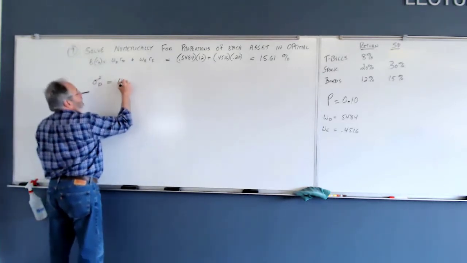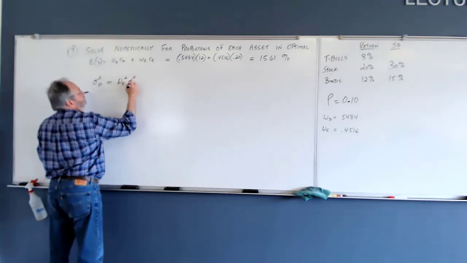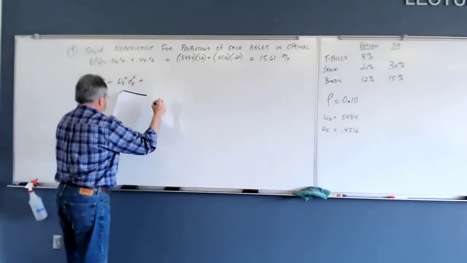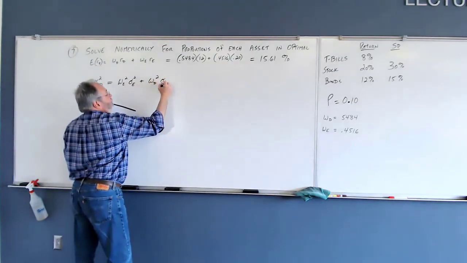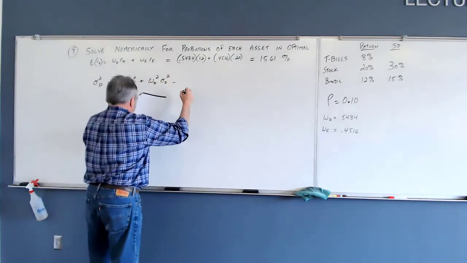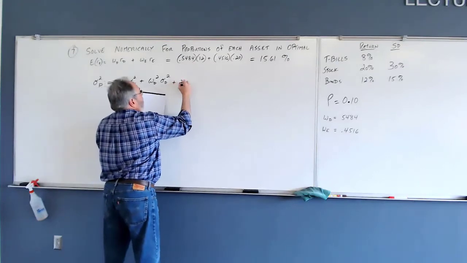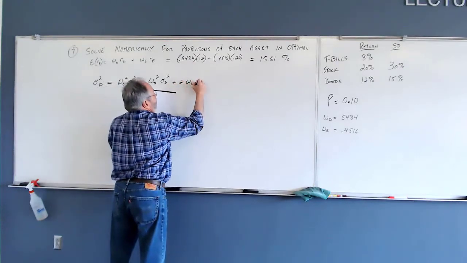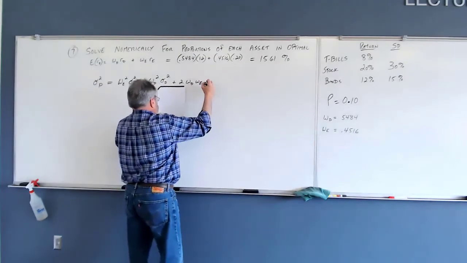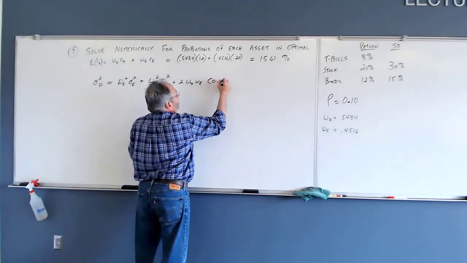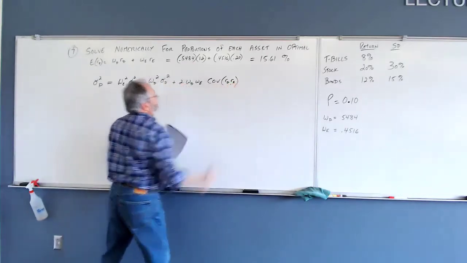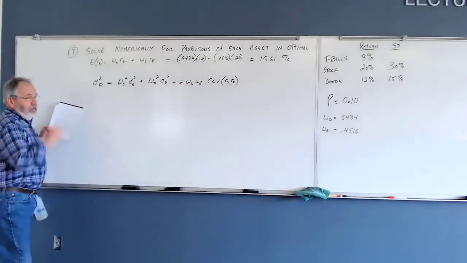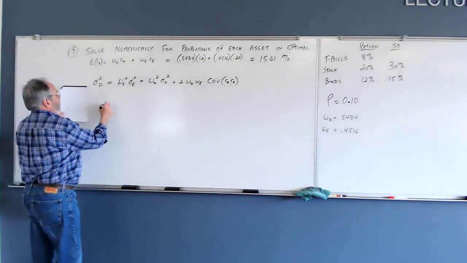Again, weight equity squared sigma squared equity, weight debt squared sigma squared debt, plus 2 weight debt weight equity covariance of returns on debt and return on equity. Yeah, we all know that by heart anyway, right?